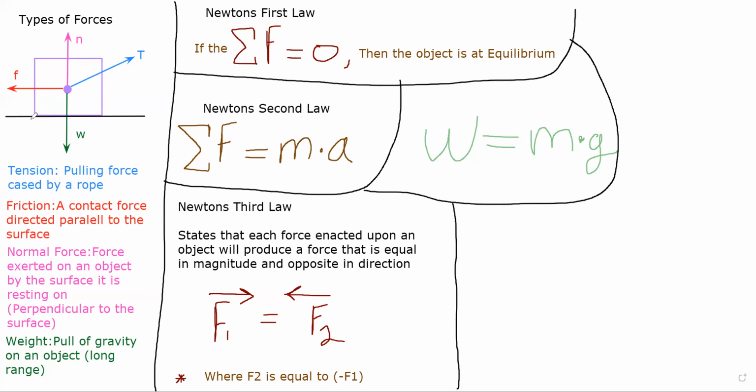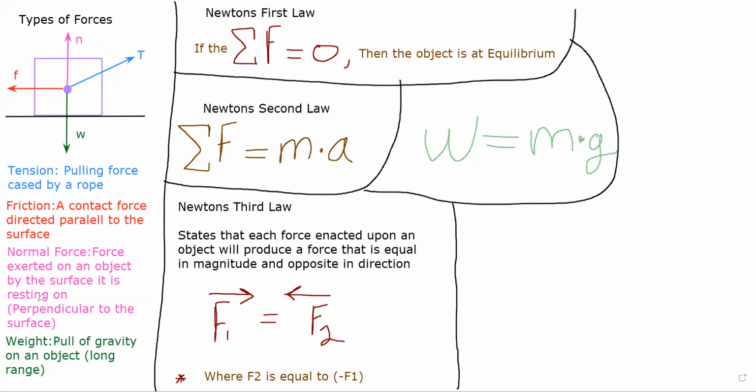The force that keeps this box from going through this surface and hitting the ground is normal force. Essentially, when the weight causes the box to go down, the normal force acting on this surface causes it to not go fully through the surface. It stays on top of it instead.